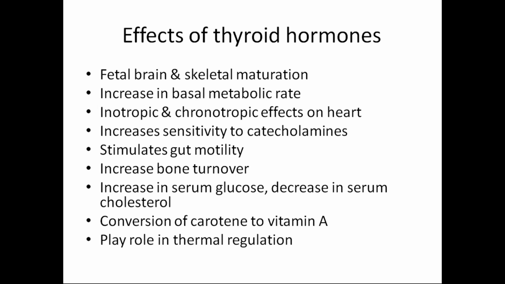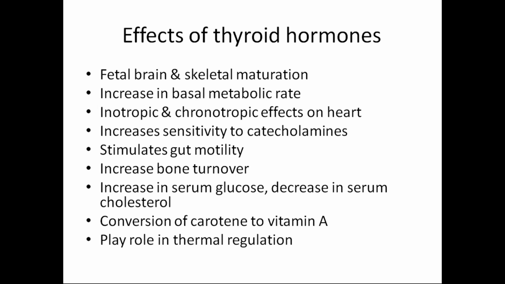It stimulates gut motility, for normal gut motility, and increases bone turnover, and increases serum glucose. It decreases serum cholesterol, because it is like working out, just like exercise. And conversion of carotene to vitamin A is a function of thyroxine.